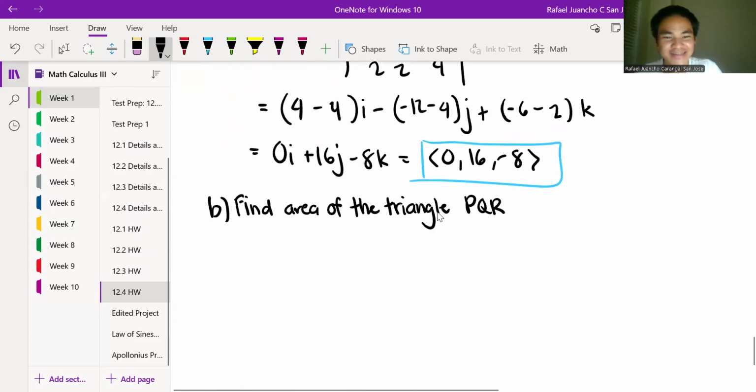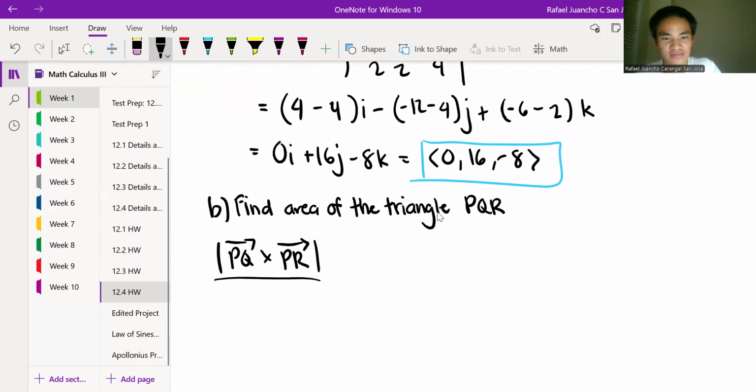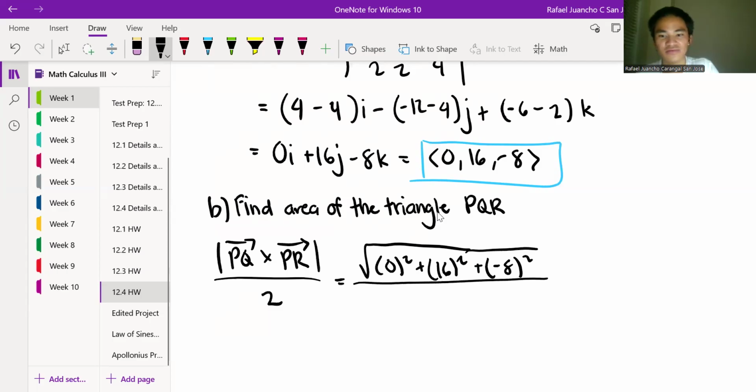Okay, so you want to get the length of the cross product divided by 2. So we get the square root of 16 squared plus negative 8 squared, divided by 2. What does this give us? 16 times itself is 256 plus 16. We got 272.